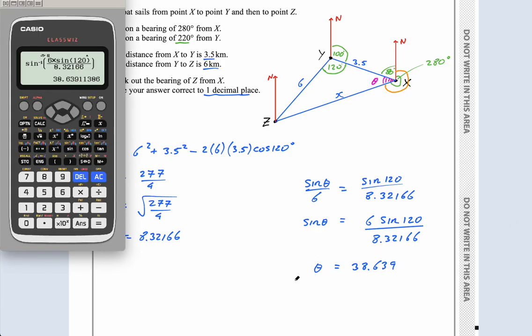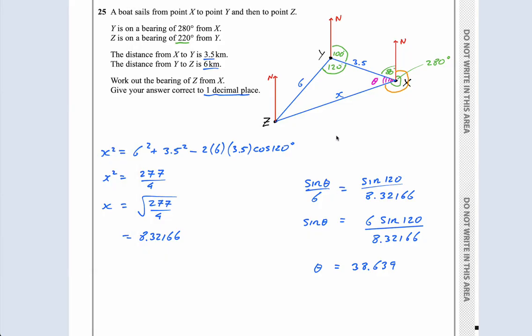Okay, now to find the bearing. The bearing is this orange angle. Let's call it, pick a letter guys, whatever letter you want, I'm going to call it alpha. Right, let's call the bearing alpha. To find alpha, we have to do the full circle.